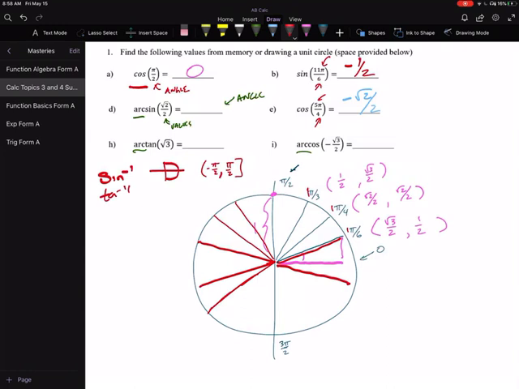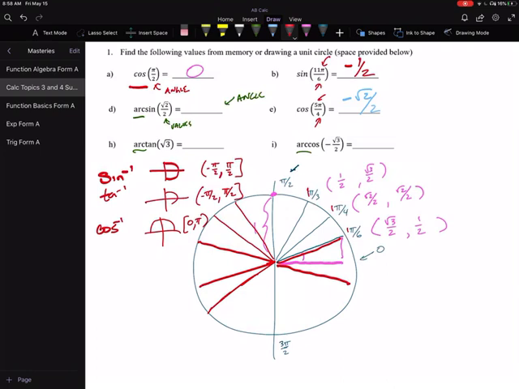Arctangent has the exact same range, negative pi over 2 to pi over 2. Arccosine has a little bit of a different range. It goes from 0 to pi.